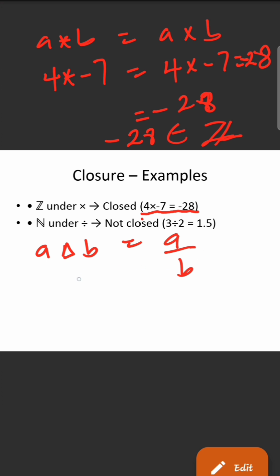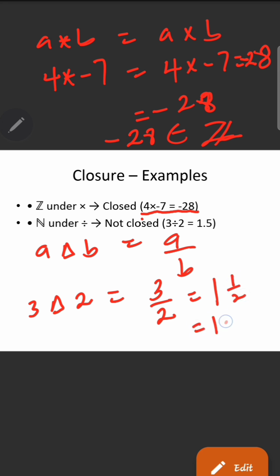So let's just pick 2 natural numbers. So that is what they did here. We have 3 operation 2. That will give us 3 over 2. What is 3 over 2? 3 over 2 is one whole number, 1 over 2. Or let's say we have 1.5.